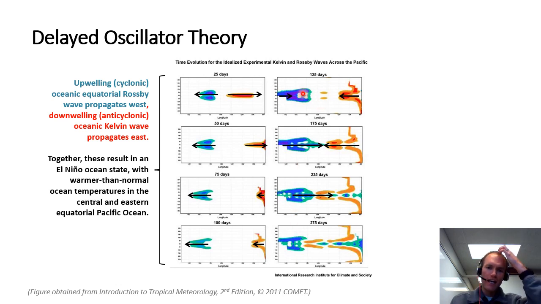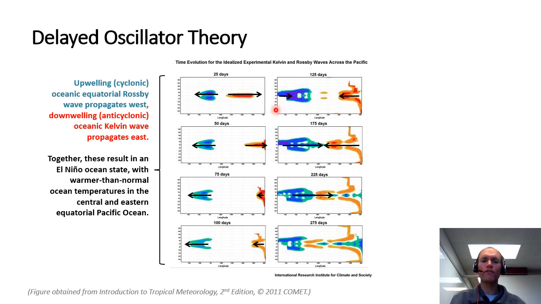So as that upwelling n=1 equatorial Rossby wave hits the coasts of Asia, Indonesia, the maritime continent, and Australia, it's reflected back as an upwelling oceanic Kelvin wave. So the two flip places. They both remain upwelling or downwelling, but they change their nature. Kelvin to equatorial Rossby to Kelvin.